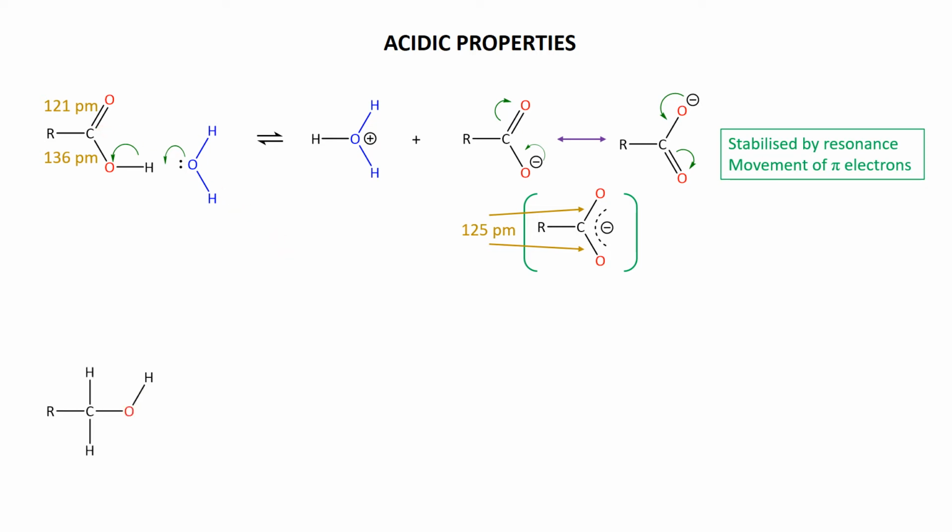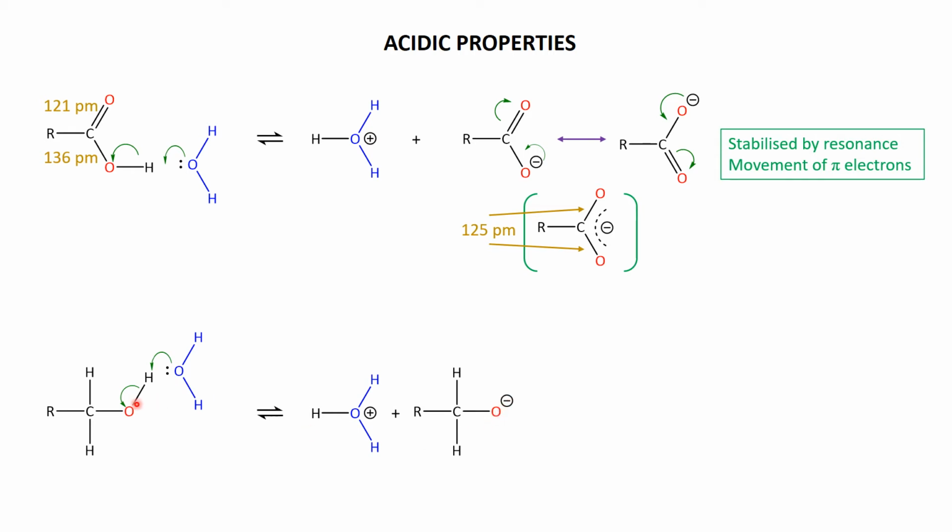Now, of course, poor old alcohols, which is another one to compare, are absolutely duff acids. And the reason for that is that if they do their little acidic bit, so you make the conjugate base right here, there's absolutely nothing to stabilize this electron. This electron's stuck on the oxygen. Oxygen isn't that keen to have that extra electron.